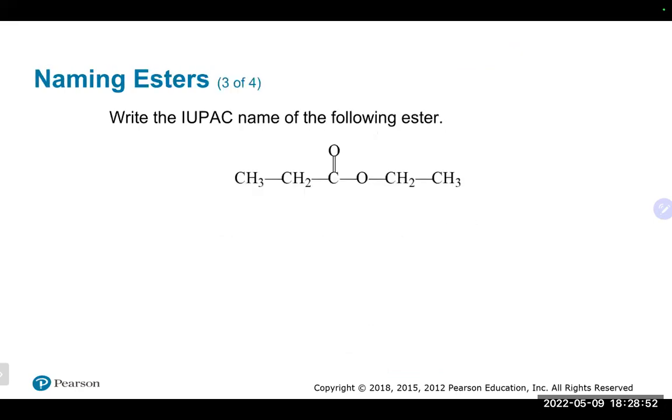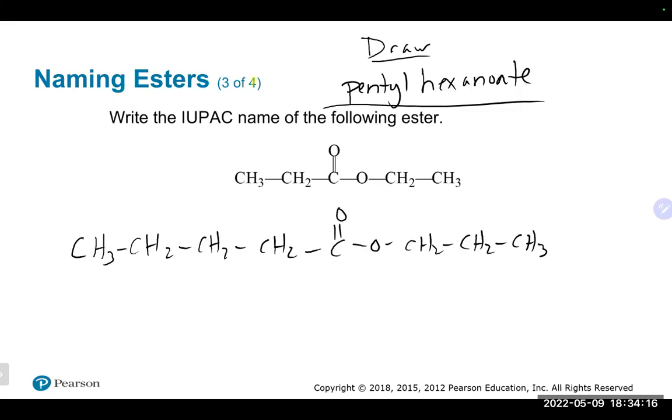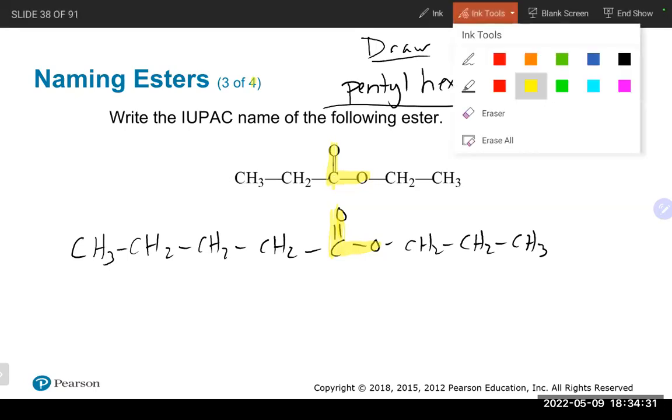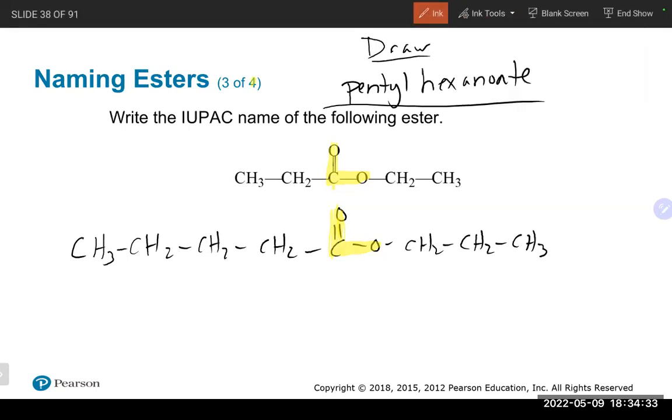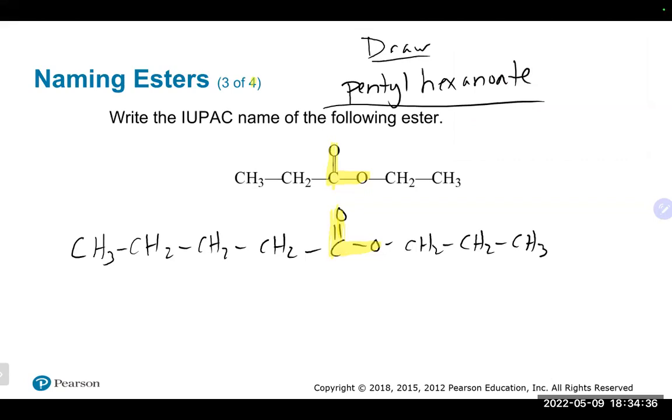All right, so why don't you write the name for the following ester? Okay, let's take a look. We see the ester group here, and if you have the picture, that's where you want to focus. When you're drawing it, that's where you want to start as well. We want to focus on that part of the functional group. Remember that we want to start with the part that came from the alcohol, which means going away from the double bond.